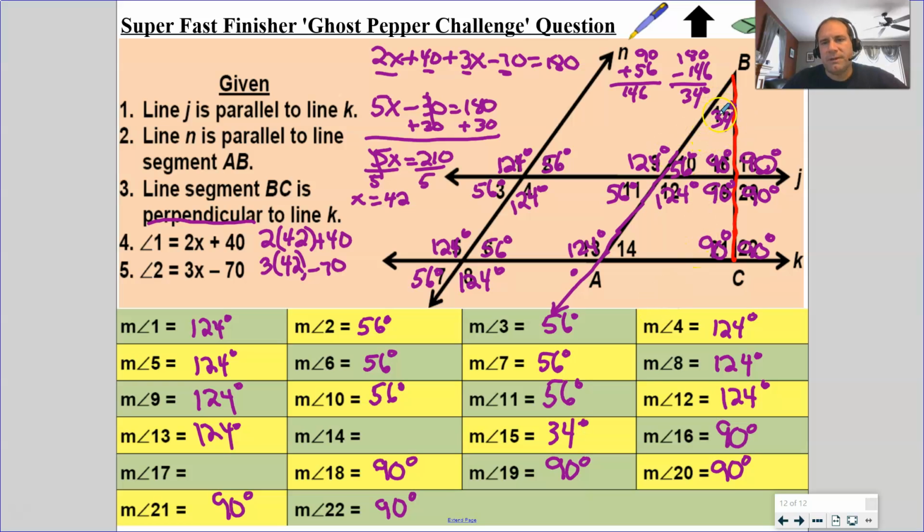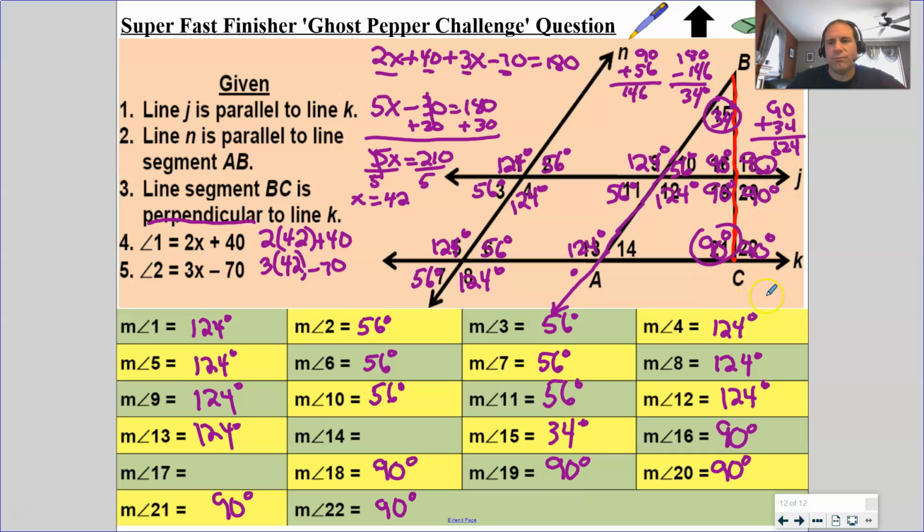Well, since we have that, now we have 34 and 90, and we can get that last angle, that 14, by adding up 90 plus 34 is 124.